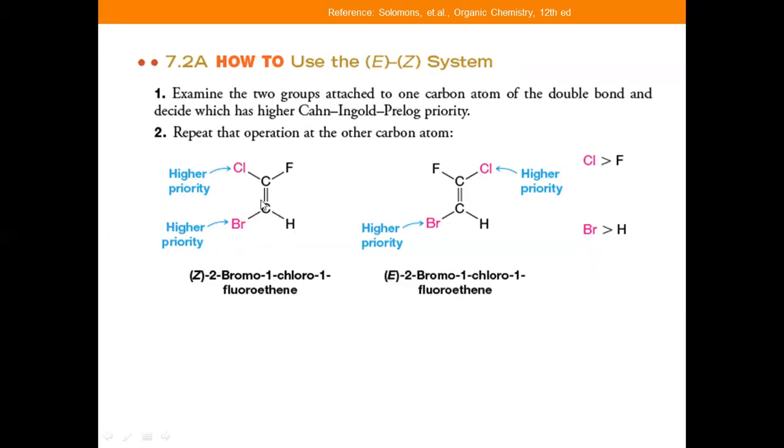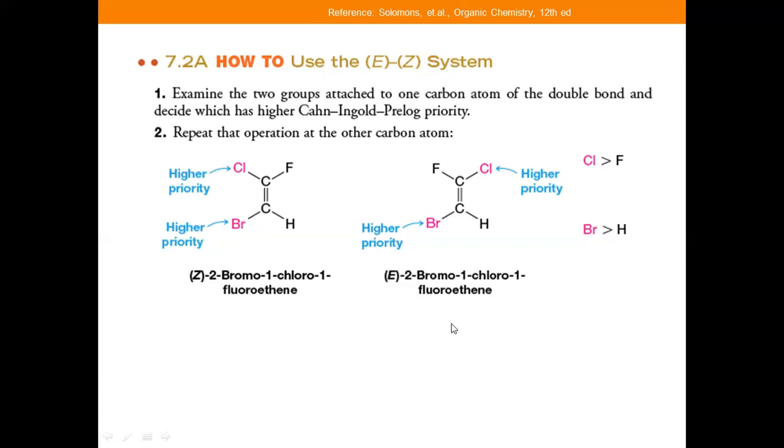So if the higher priority groups are on the same side, then we name that one a Z alkene. If the higher priorities on each carbon atom are on the opposite side, then we name that one E. So the higher priority atoms on the double bond in a trans manner are called E. And for the same side, higher priority atoms on the double bond, it is named as the Z stereoisomer.